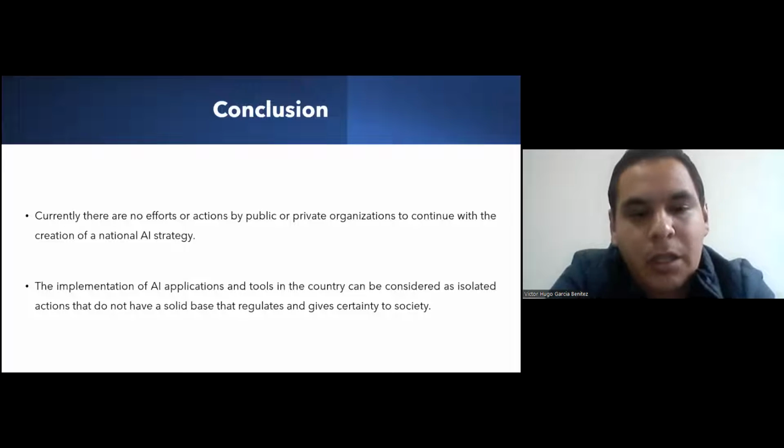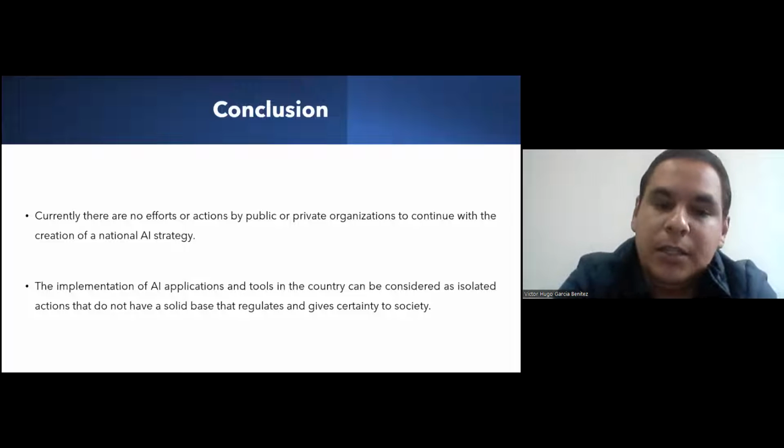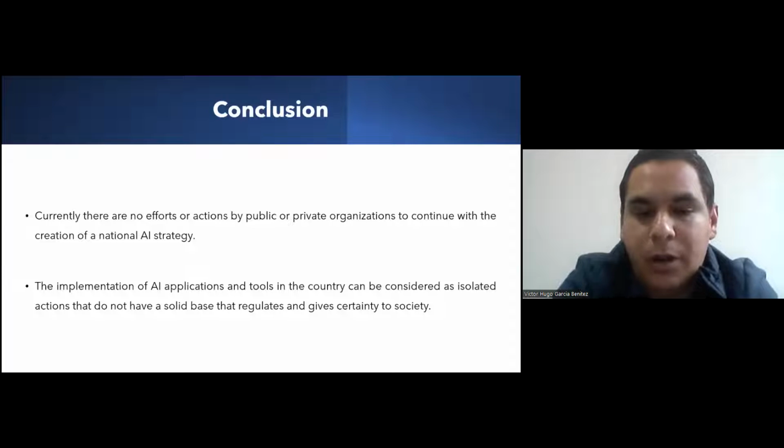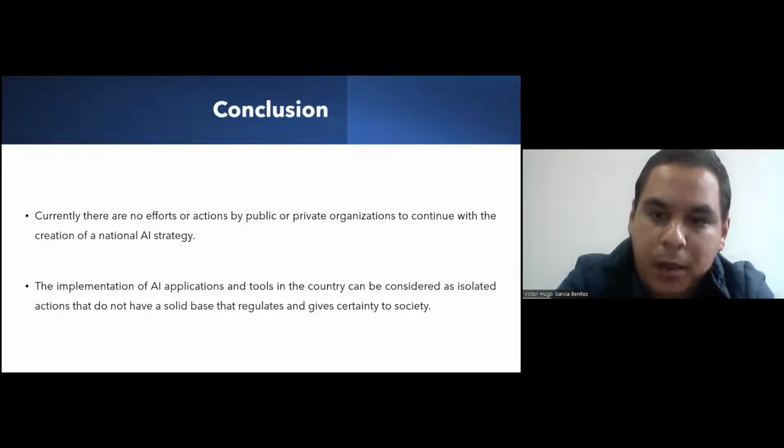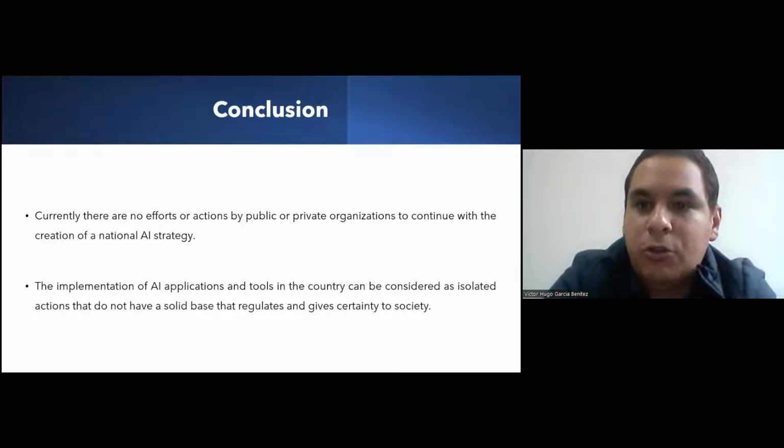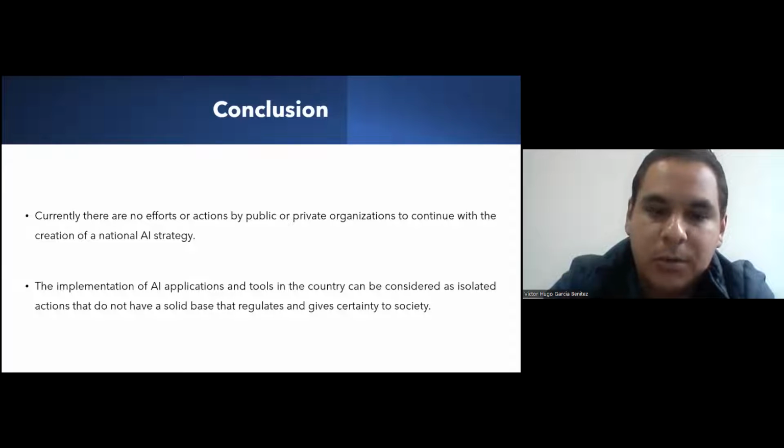In addition, we identified that artificial intelligence actions and projects in the public sector are only carried out in certain states or municipalities of the country without coordination with other federal, state, or municipal entities.